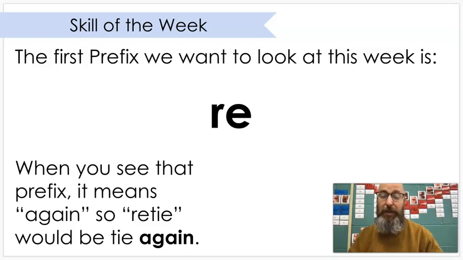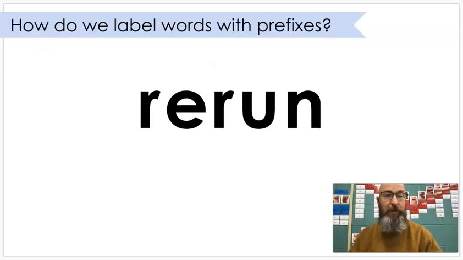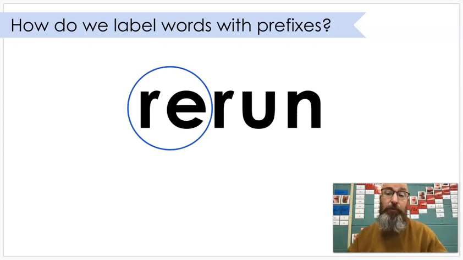Now, if you remembered yesterday, we have a process we go through. So we have a word, and then our first step, do you remember it? It's circle the prefix. So we want to find those prefixes, or if there's a suffix, suffixes too, and label them so we get an idea of what the word means and how to read it.